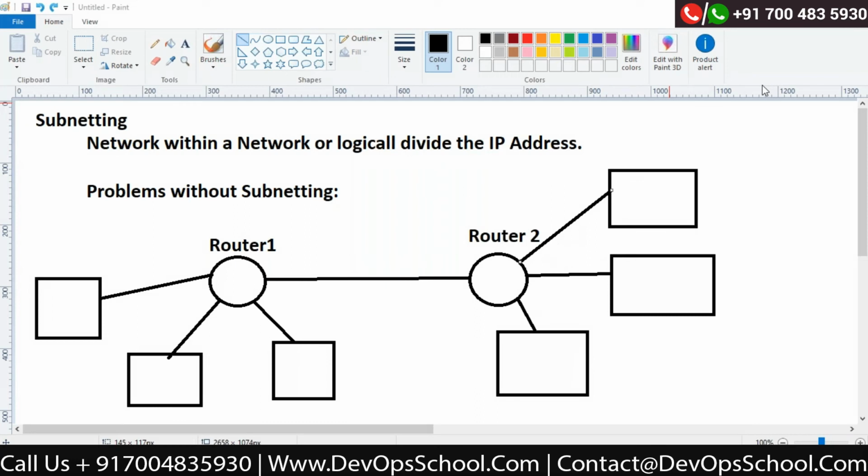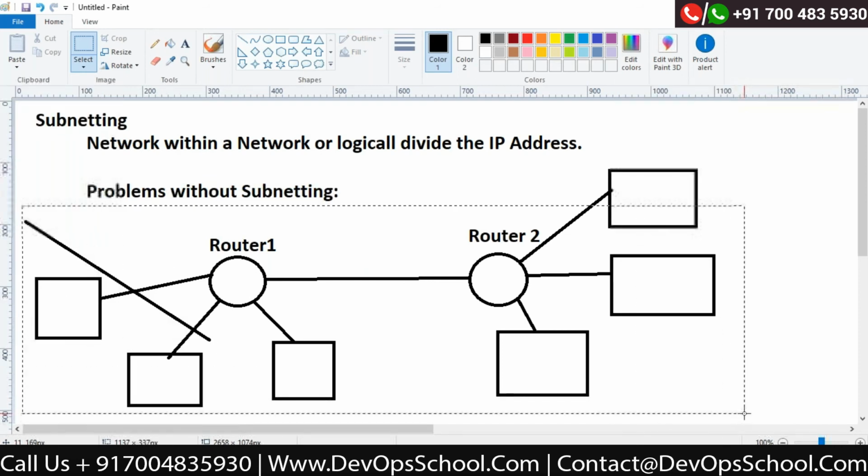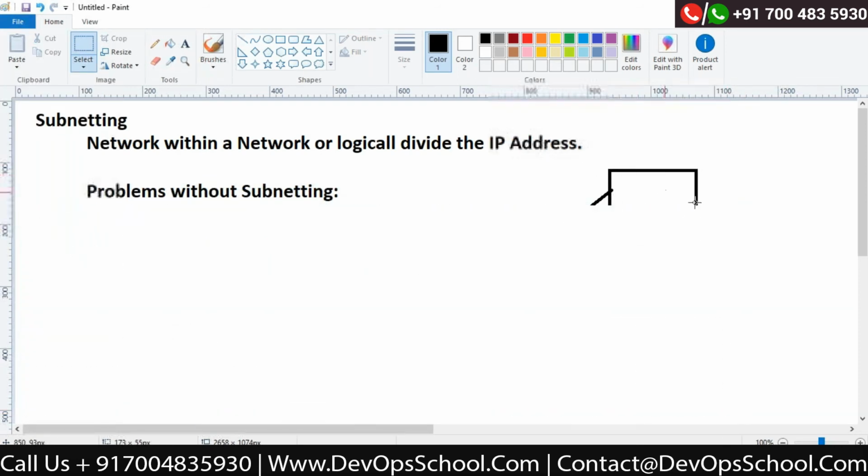Second thing, by any chance, if I configured a single IP address, for example, we delete this. Okay, we will delete this, no problem. This is a problem without subnetting.